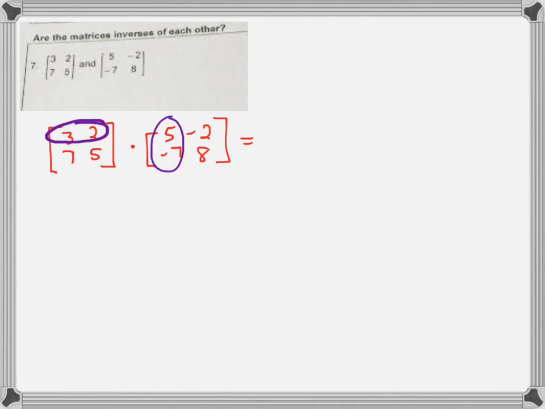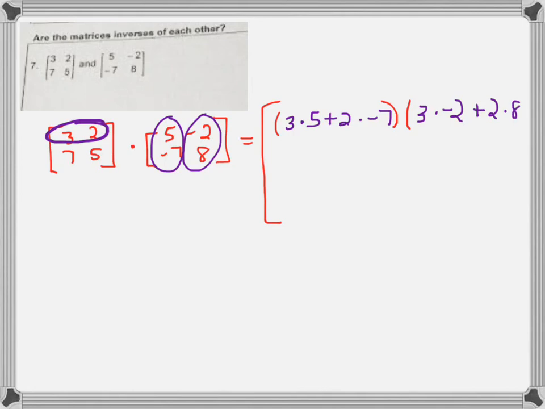For multiplication, hopefully you remember, you'll do a row times a column, and since that's row 1, column 1, this is going to be the element that goes in row 1, column 1. So it'll be 3 times 5 plus 2 times negative 7. And then row 1, column 2 will be 3 times negative 2 plus 2 times 8.